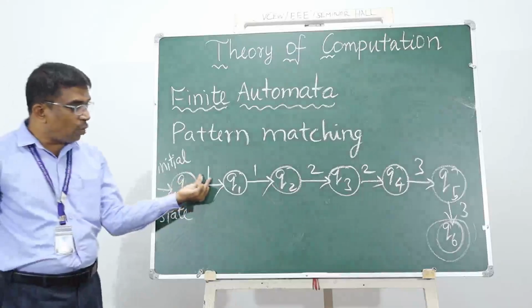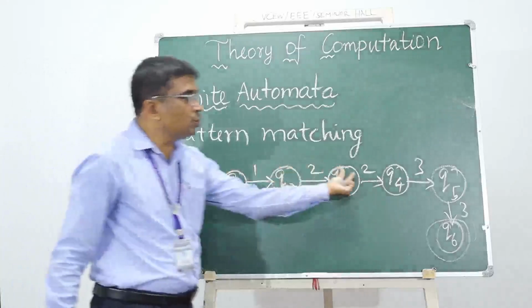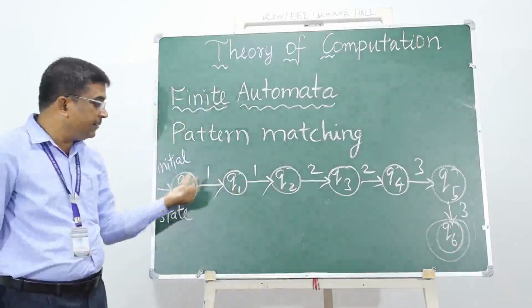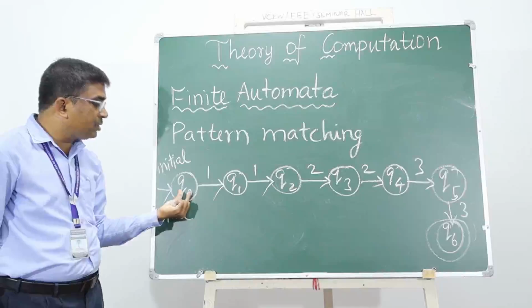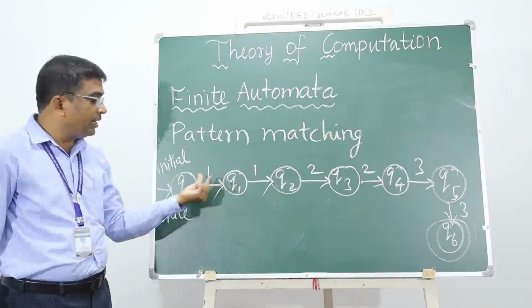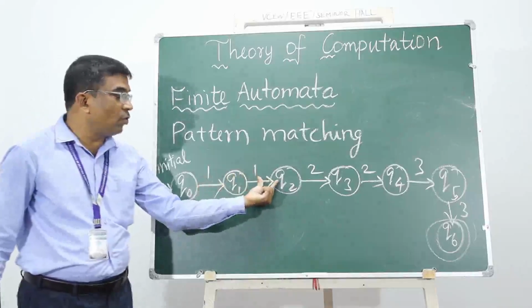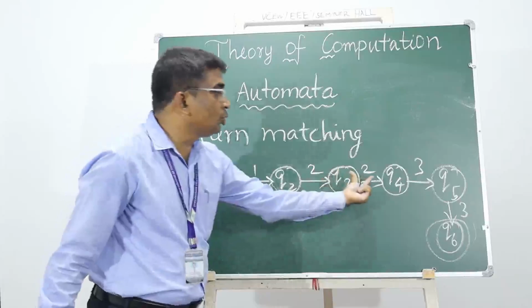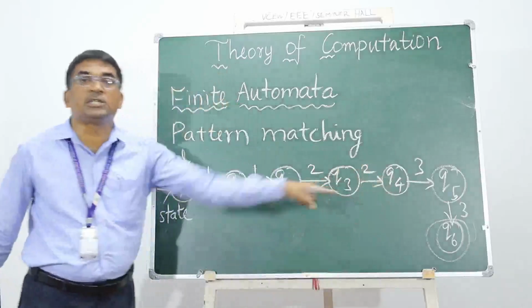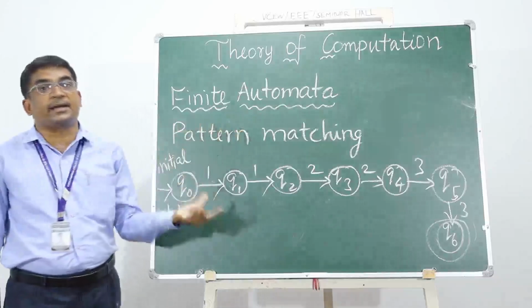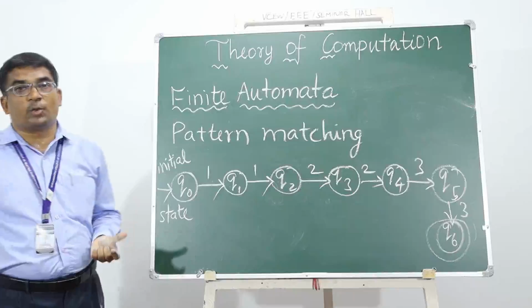Okay, so this is how, in finite automata representation, one pattern is recognized through the diagram. Consider 1 1 2 2 3 3. The first input is read, going from Q0 to Q1 on input 1. Next it reads 1, then 2 2 and 3 3. After reaching the final state, my given pattern is recognized by the finite automata.